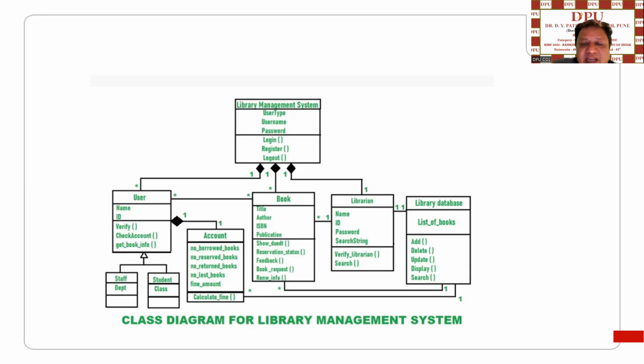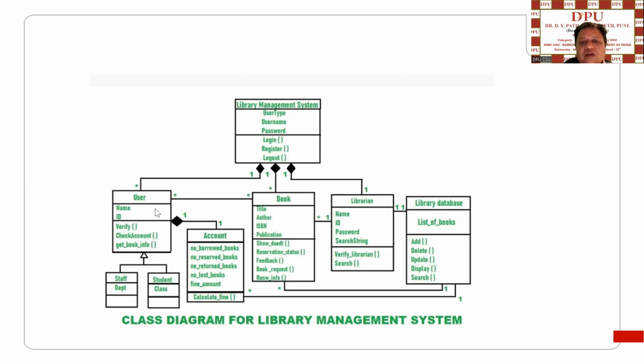Now again, you can see how these classes are connected with each other. As you can see, 1 to 1, 1 to 1. It means that these classes are connected with each other so that one object of this user can send a request to the library management system, or the library class is connected with the book class, and again it is connected to the account class as well, and the account class is connected to the user.